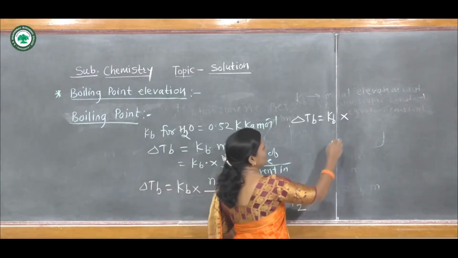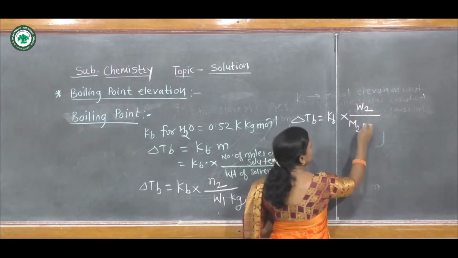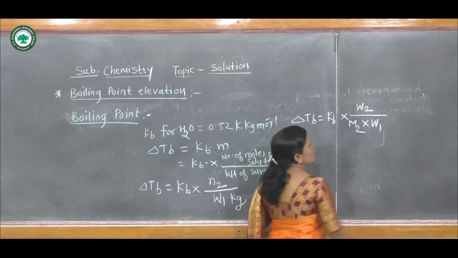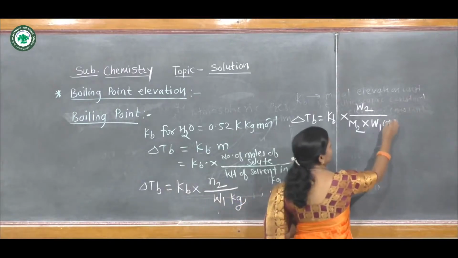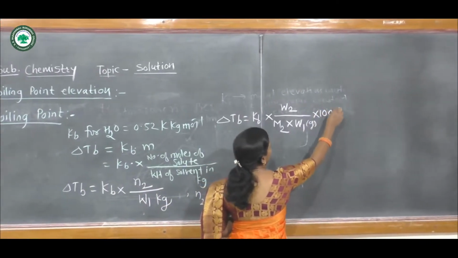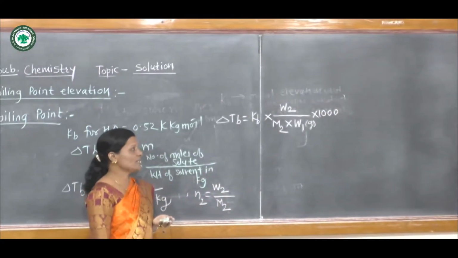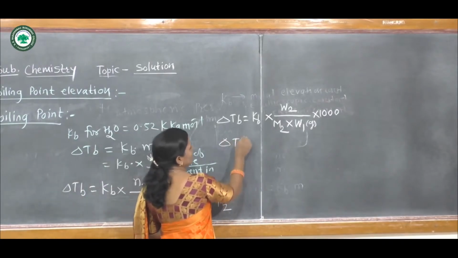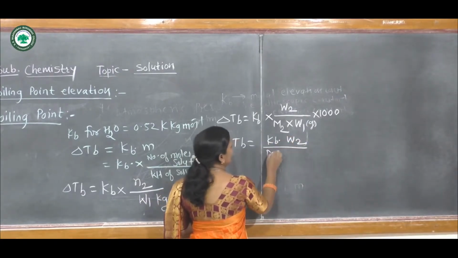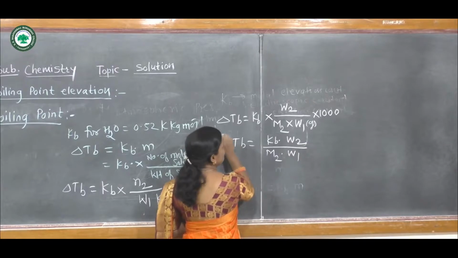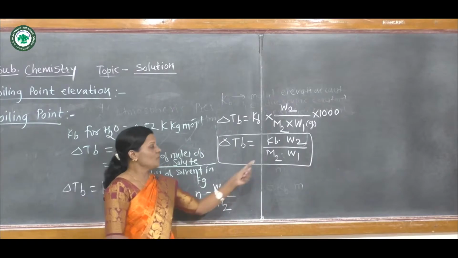We can replace n2 by W2 upon M2, divided by the weight of solvent in kilogram. If we consider this weight in terms of gram, then we have to multiply by 1000. Hence delta Tb is equal to Kb into W2 divided by M2 into W1.